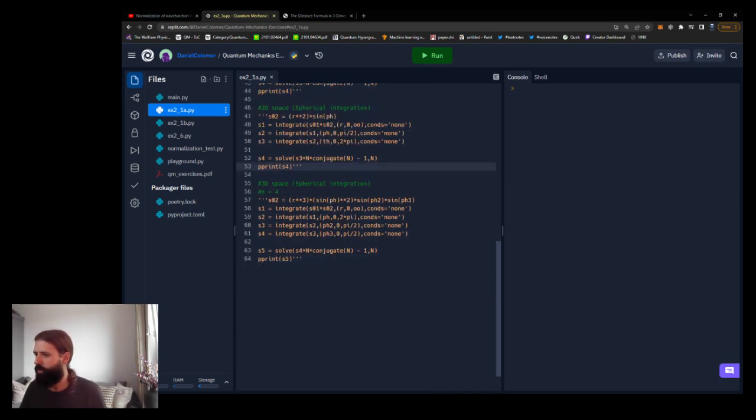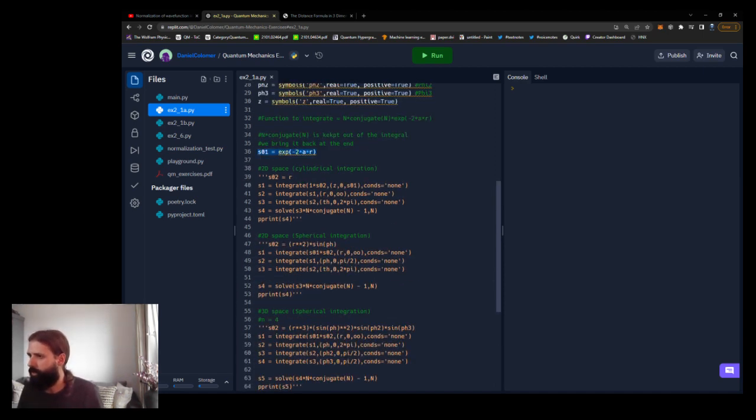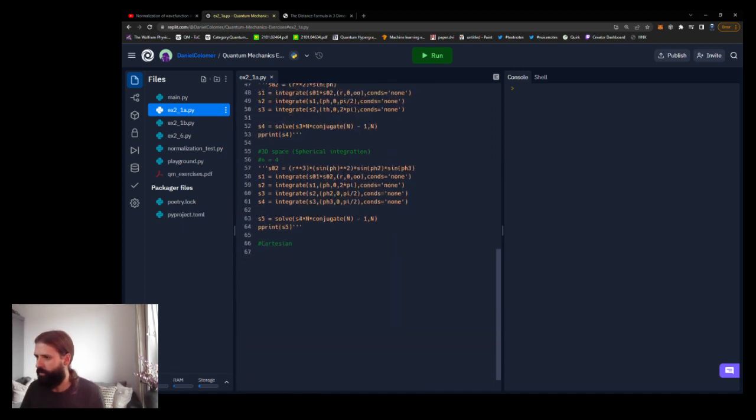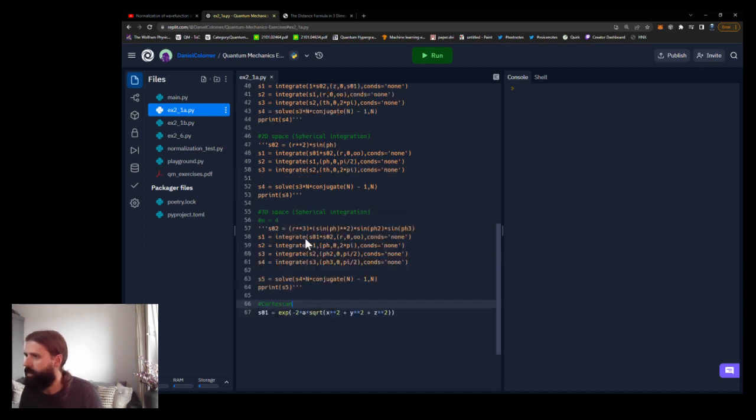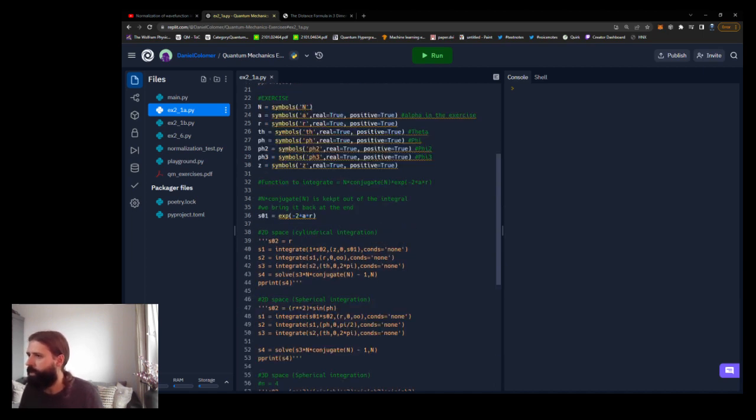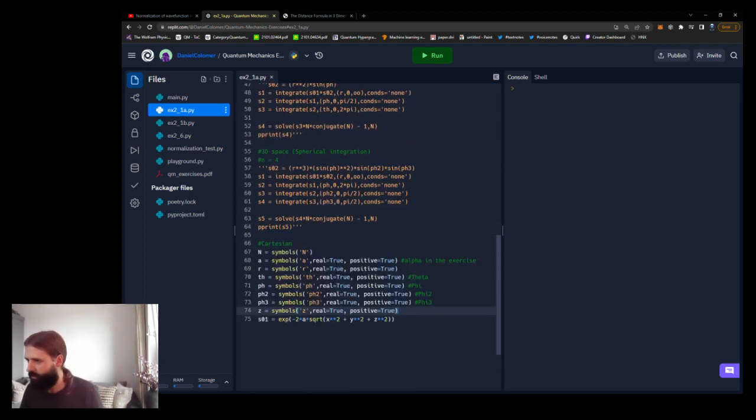And so we can do these basically in Cartesian. And so basically, this is the square root of x squared plus y squared plus z squared. Okay, so here we actually define, let's see, let's just define these things again.